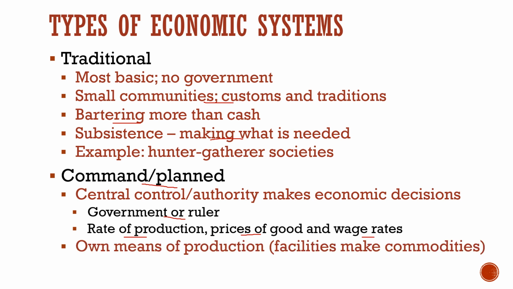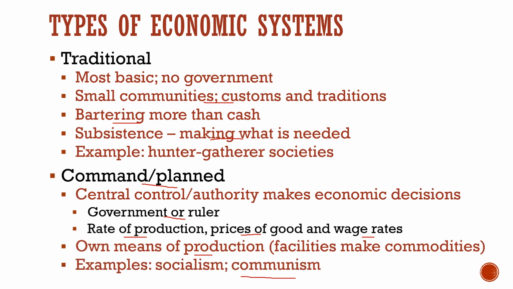So they own the means of production. So the facilities are making the commodities. So socialism and communism, especially think about communism, again, the government is controlling the majority of everything. Who's making what, who owns the businesses, what they can make, how much they pay, all that good stuff.